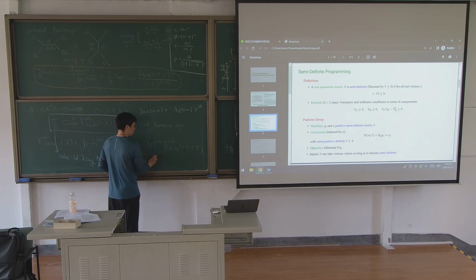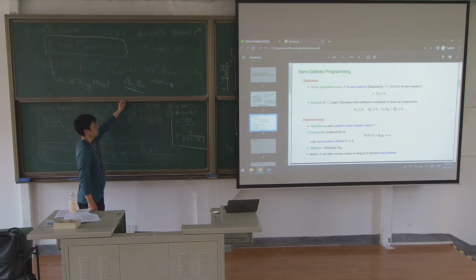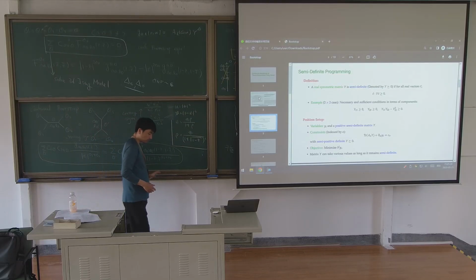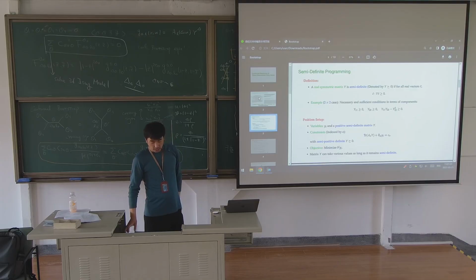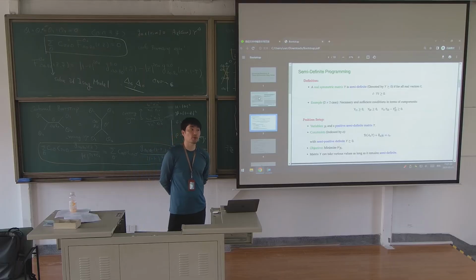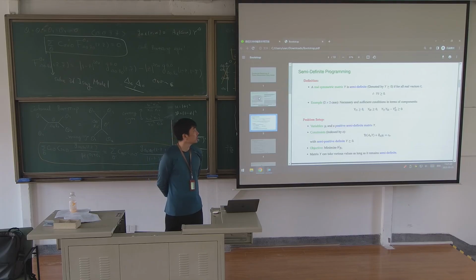So we assume sigma cross sigma contains epsilon, and the main hope is to use the conformal bootstrap to give some bound for delta. To do that, their paper uses so-called semi-definite programming.